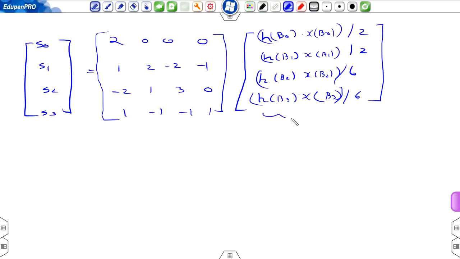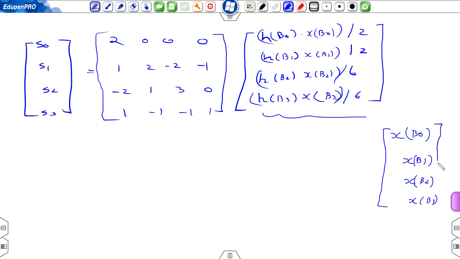So I can again decompose this matrix as x of beta 0, x of beta 1, x of beta 2 and x of beta 3, separating the terms that belong to x into a column matrix, 4 cross 1, and this will be a 4 cross 4 matrix.